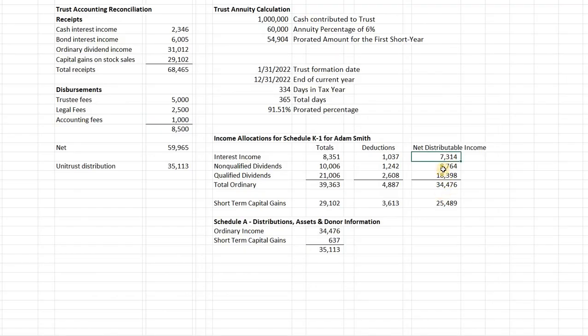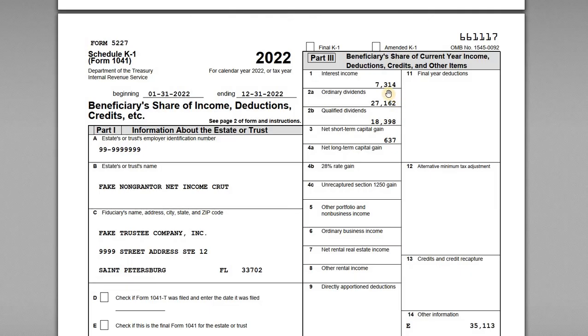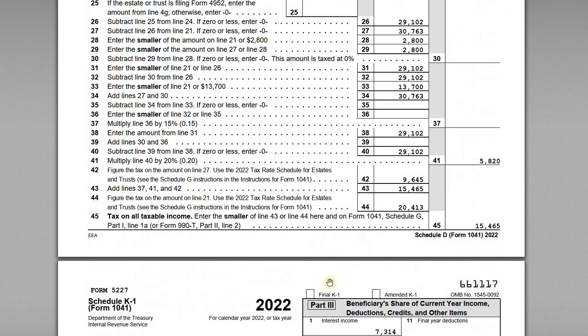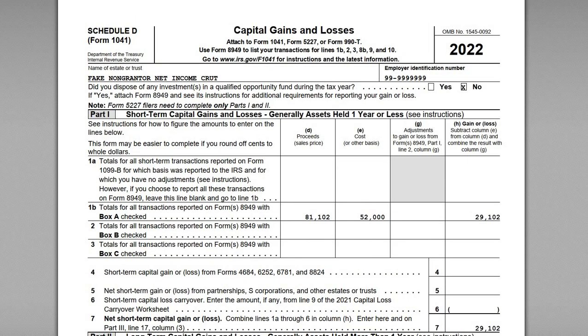And then if we look at the dividend amounts, we have $27,162 in total ordinary dividend. The portion that's qualified is $18,398. And then lastly, we have that short-term capital gain piece that went out to Adam of $637. All right. Okay, so that does finalize everything.